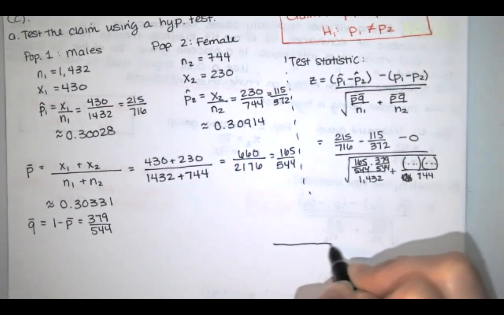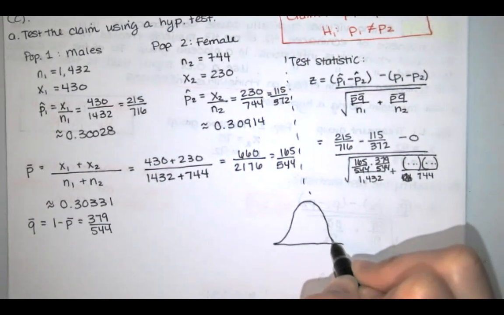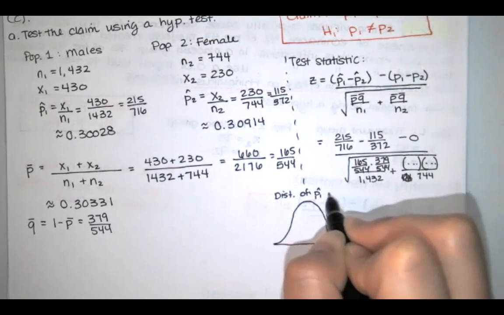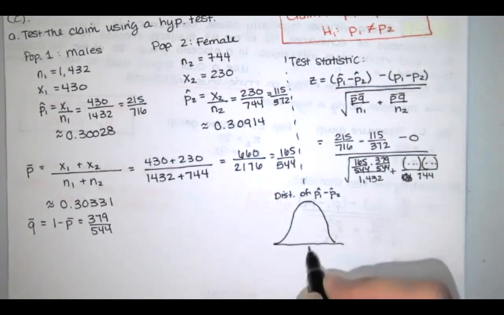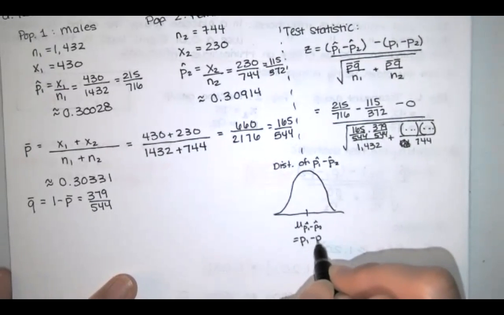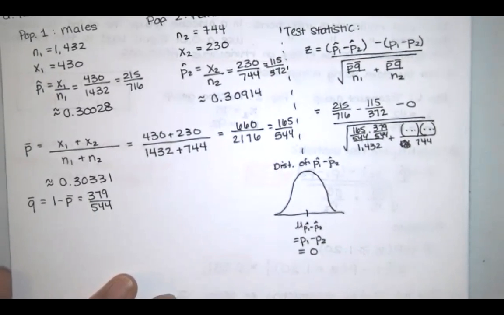Now remember again, this is taking a distribution of P1 hat minus P2 hat that has a mean equal to P1 minus P2, which we're assuming to be 0.